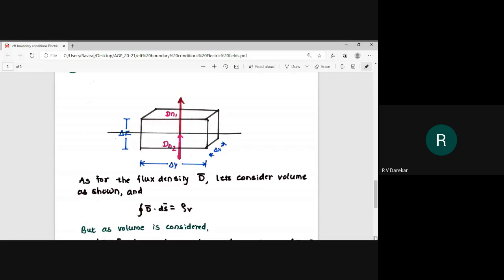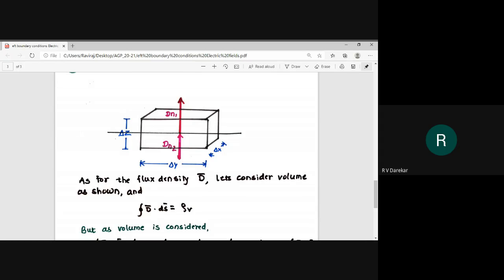It is composed of delta x, delta y, and delta z as the lengths. Please remember that delta x, delta y, and delta z are the components of the surface or volume under consideration, which are infinitesimally small values. This box in front of you is very small, but for our understanding we are zooming it out so that we can understand the concept effectively.